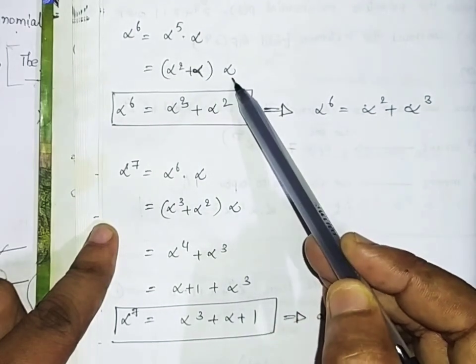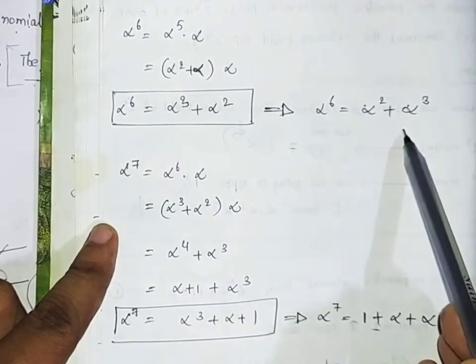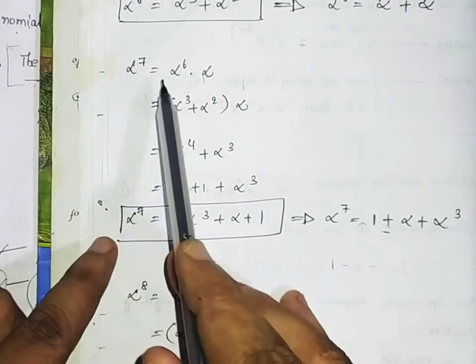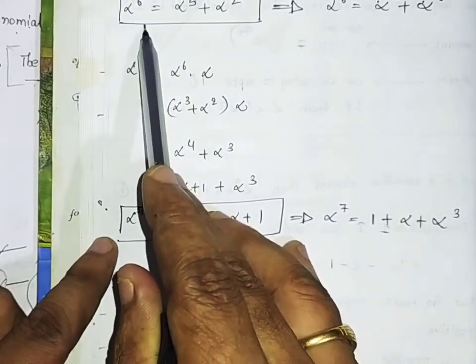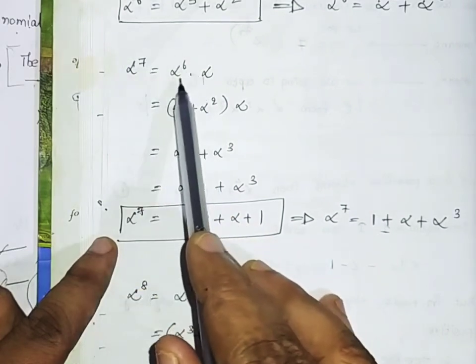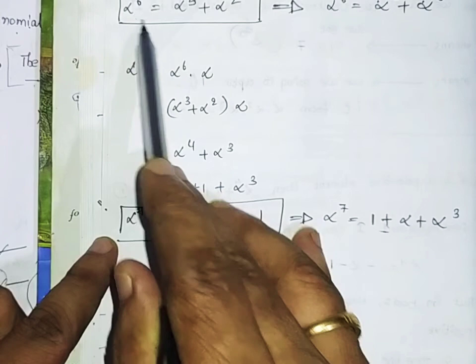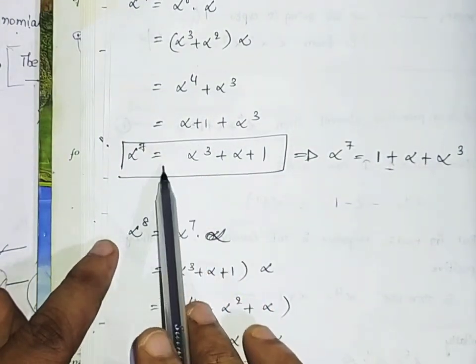Upon multiplication with alpha, the final result for alpha power 6 will be like this. Now alpha power 7 will be written as alpha power 6 into alpha. From the previous result, alpha power 6, let us substitute this result here. So finally this will be the result.